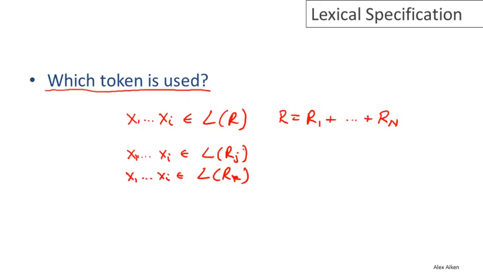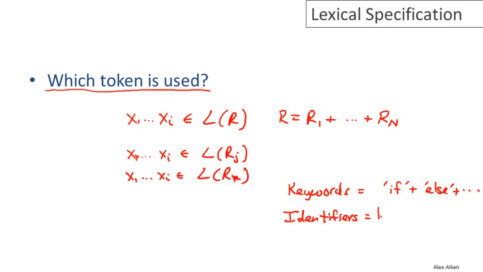So, for example, just to make this concrete, recall that we could have a lexical specification for keywords, which would be things like if and else and so on, and also for identifiers. An identifier was a letter followed by a letter or a digit, repeated.